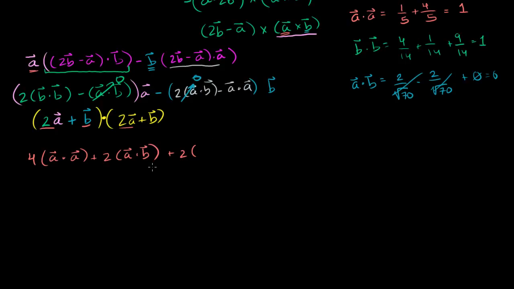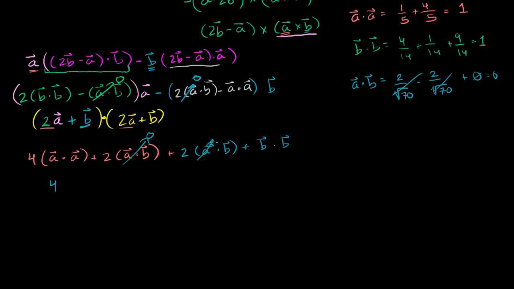I'll do it in the same color as the b. So b dot this is going to be 2a dot b. And then b dot b. So plus b dot b. So what is this going to evaluate to? A dot a is 1, so it's going to be 4. A dot b is 0.